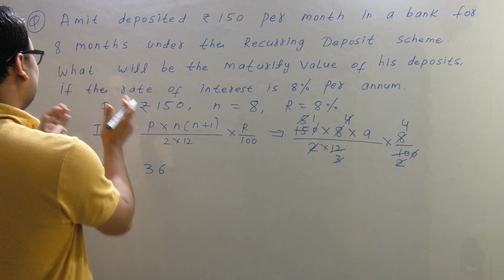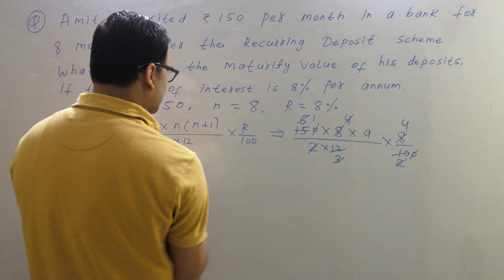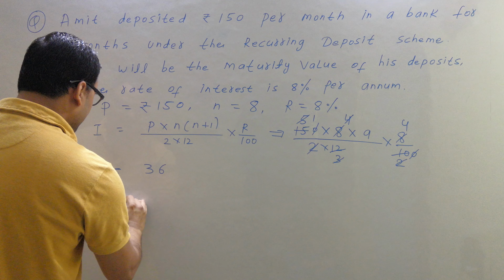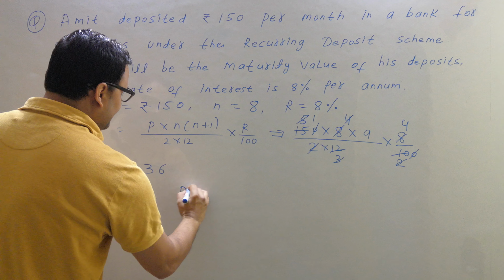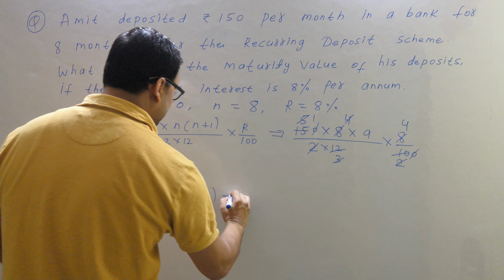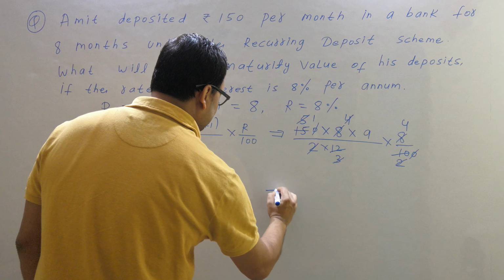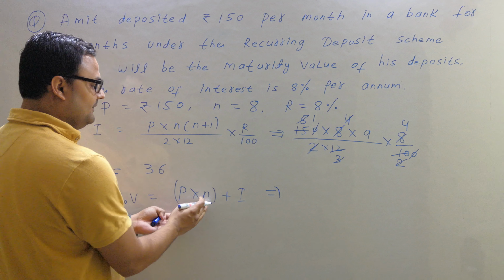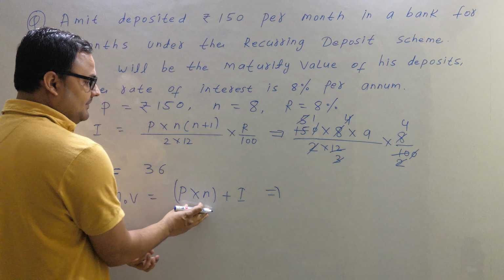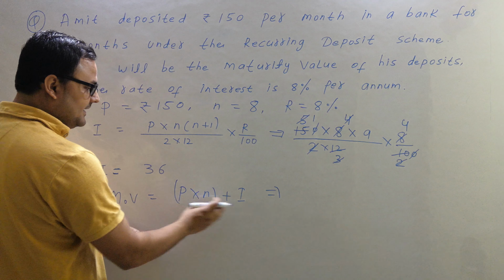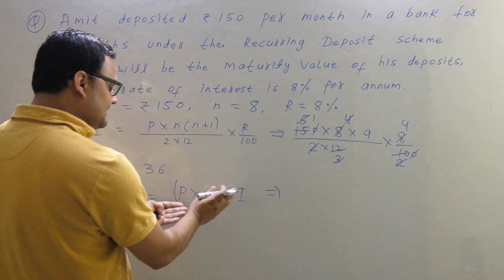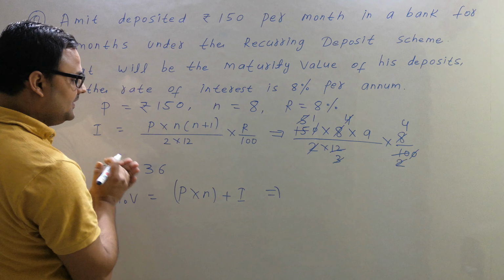And what do I need? I need the maturity value. That's easy. We have done MV equals P into N plus interest. It means per month, and for how many months? This is our amount that we have paid to the bank, plus interest, this total we will get from the bank.